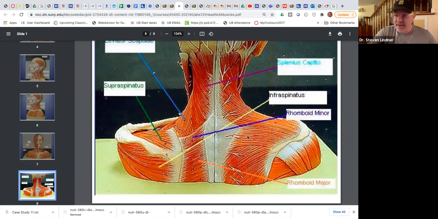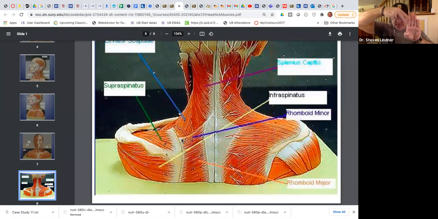So that's what the middle fibers of the traps do. The rhomboids can adduct as well, but because of the direction of the fibers, if my hand is the scapula and the direction of my fingers are the rhomboids, well, remember, this was the middle trap, so it pulls this way.